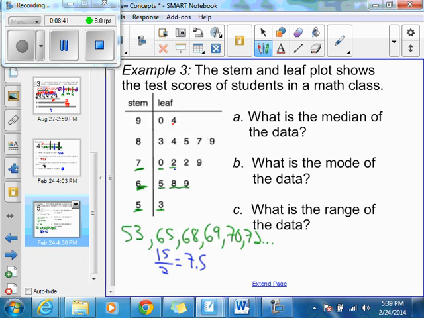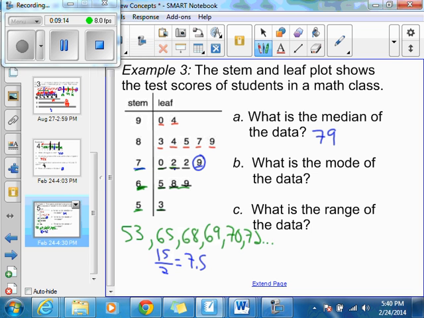So let's start counting backwards from the top: 1, 2, 3, 4, 5, 6, 7. Let's start counting up from the bottom: 1, 2, 3, 4, 5, 6, 7. And between those two sevens, the only number left here is that 9. So that means our middle number is going to be 79.